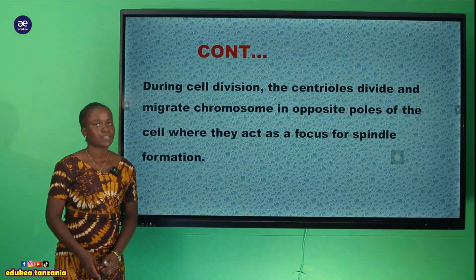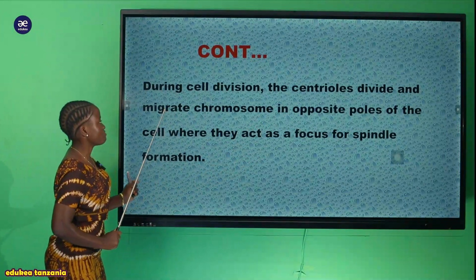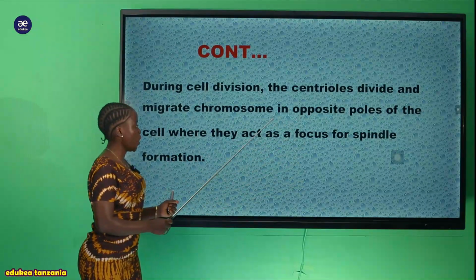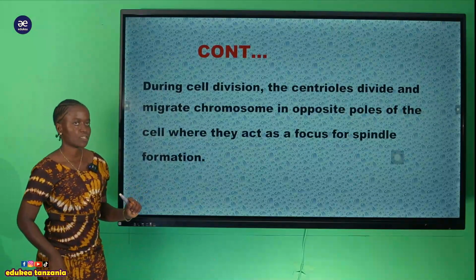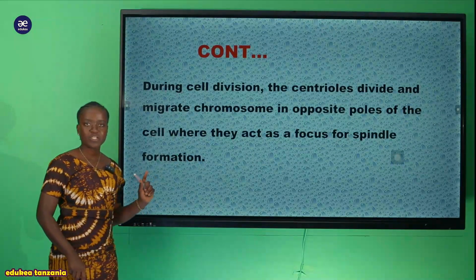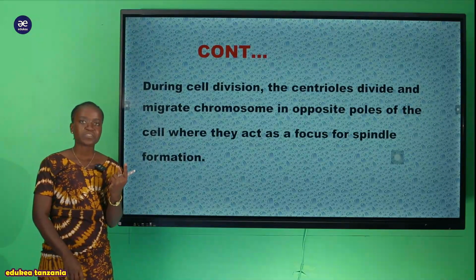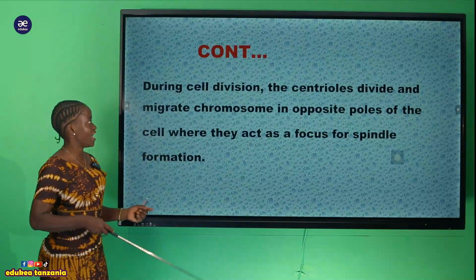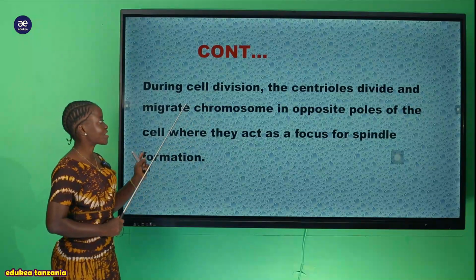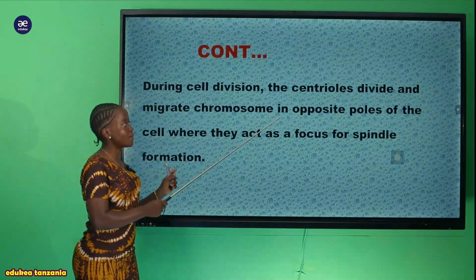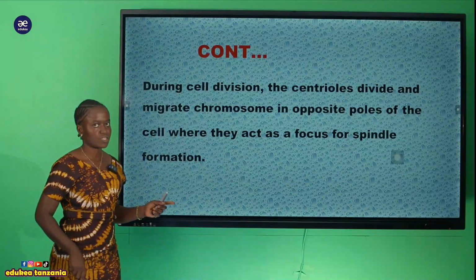Simply here we can say that during cell division, the centrioles divide and migrate chromosomes into opposite poles of the cell, where they act as a focus for spindle formation. So these centrioles are involved to a large extent in the process of cell division, where we say the centrioles divide. After they divide, they migrate chromosomes into opposite poles of the cell.